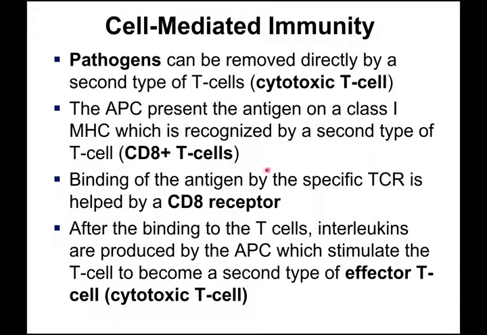And these cells, when they get activated, again through their T cell receptors and through the production of interleukins, in this case they don't convert into helper cells, which then will stimulate the B cells, but they actually get activated into effector T cells or cytotoxic T cells that will act directly against the pathogen.